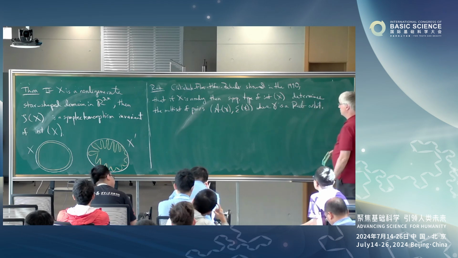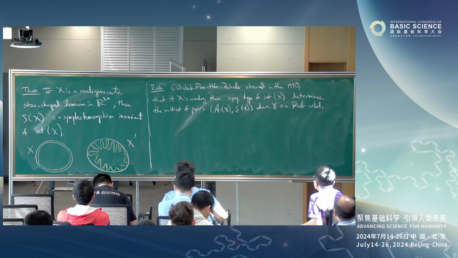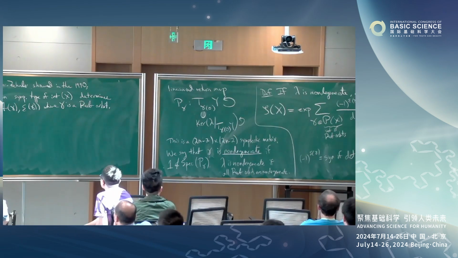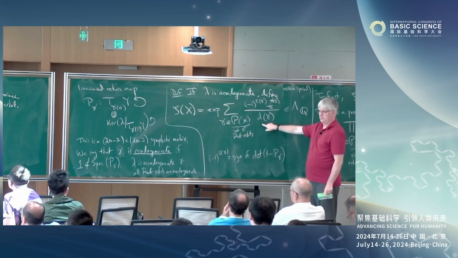So their work sees most of the information in this formula. It sees the epsilon of gamma, it sees the action of gamma, but it doesn't see the D of gamma.